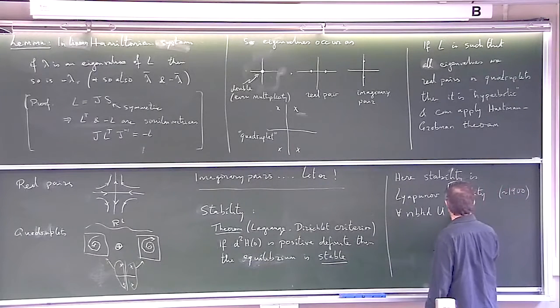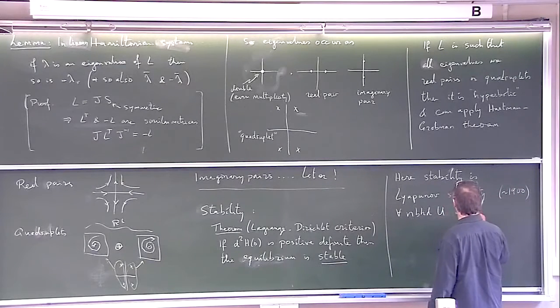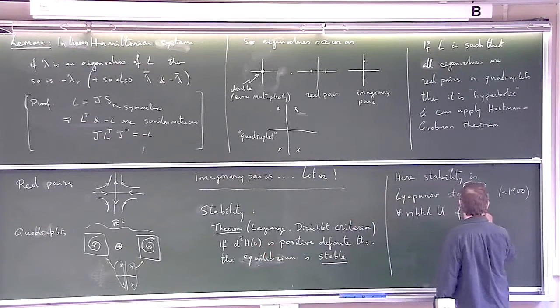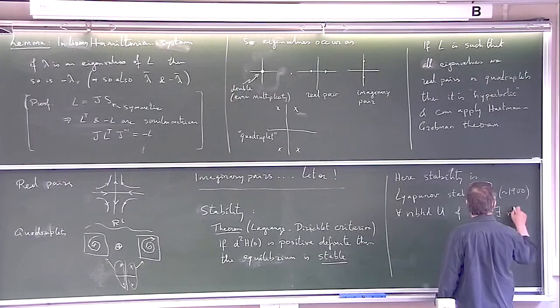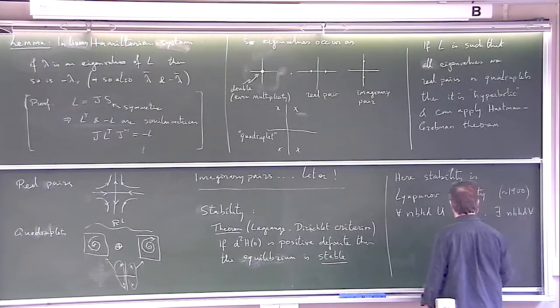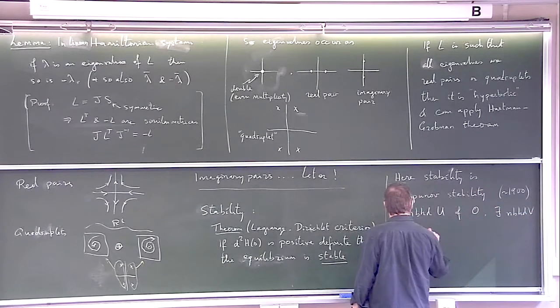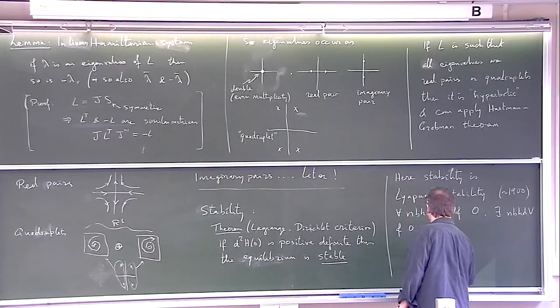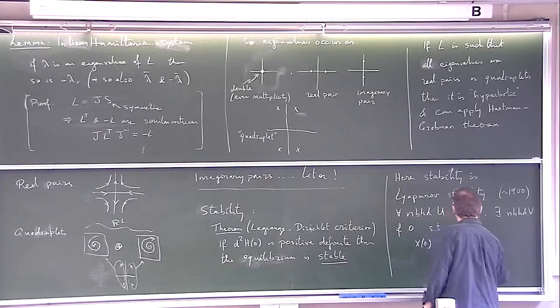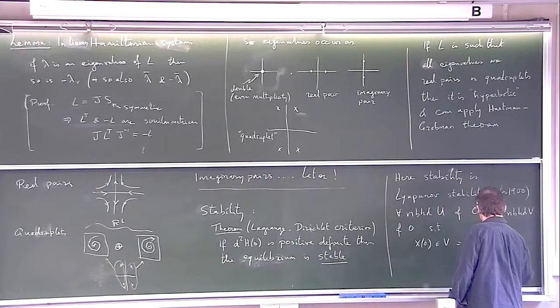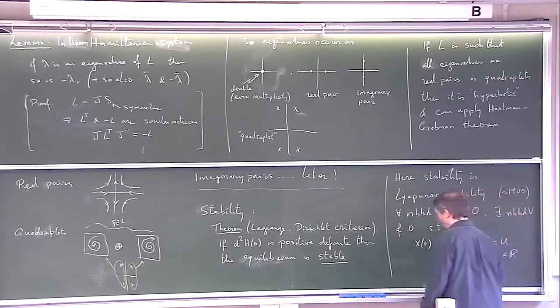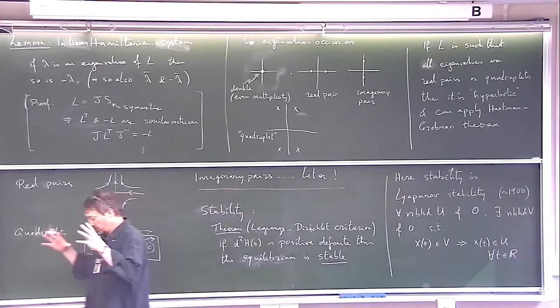For all neighborhoods U of, I'm calling the equilibrium point 0, so you need to play a game with two neighborhoods. You can't do it with one.